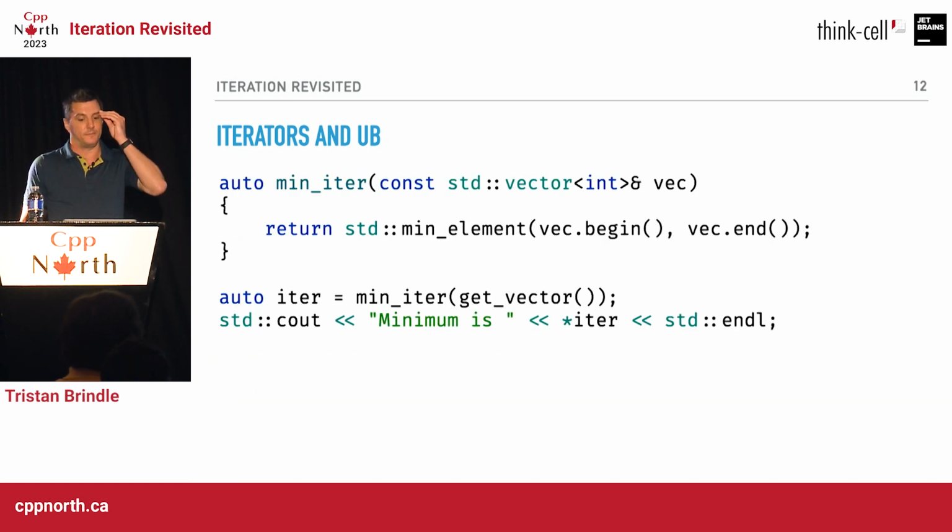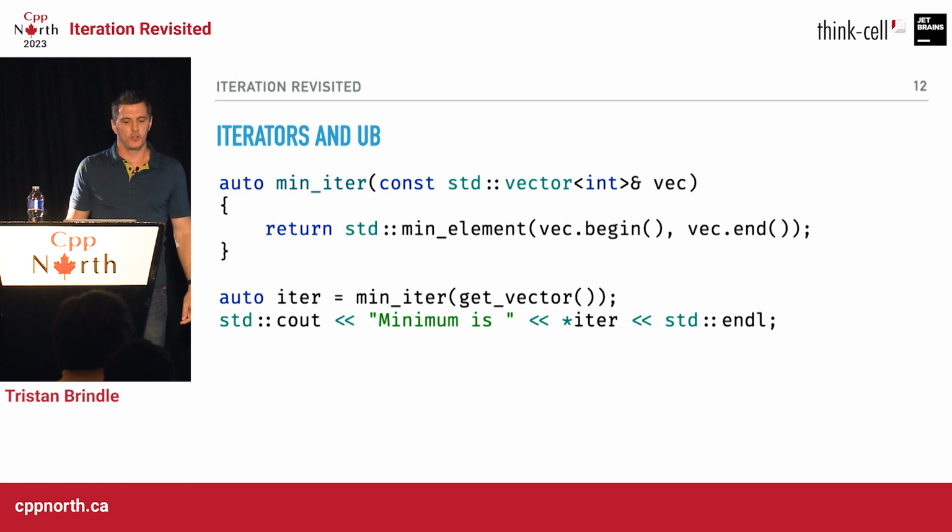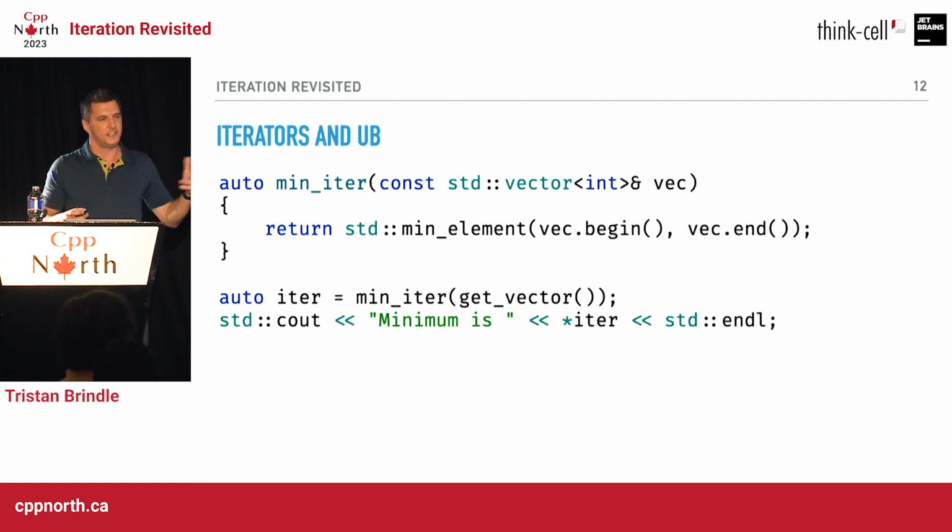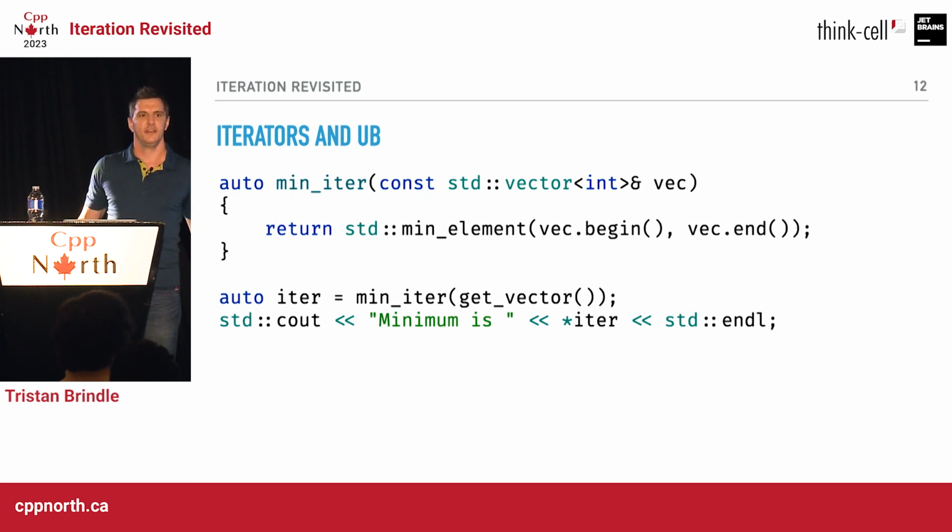All right, next example. So here we've got a function called min_iter. It takes a reference to a vector, and then it just calls min_element to return an iterator that points to the minimum element in this vector. I guess somebody didn't like all that vec.begin, vec.end stuff, so they wrote a wrapper function that just takes a vector and calls min_element.